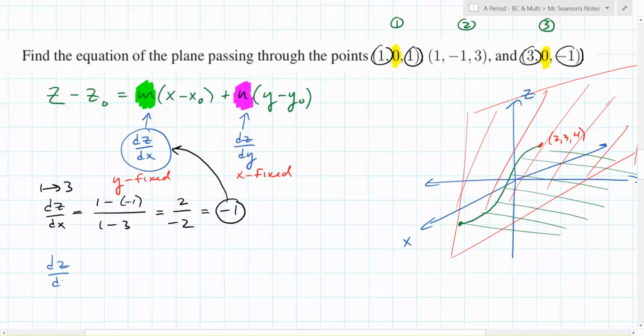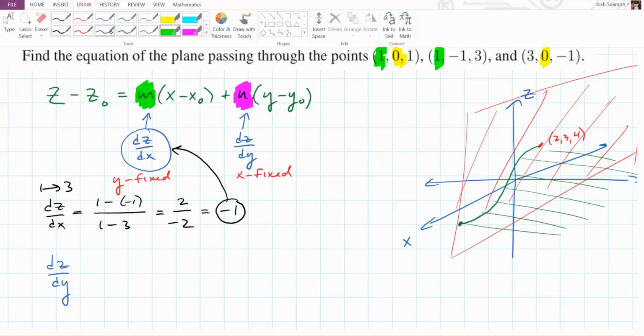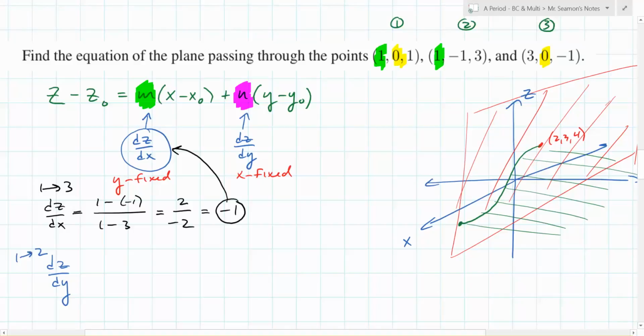Next, what do you need to do? dz dy, but that's when what is fixed? X. So instead of going from point 1 to point 3, and I'll erase these so we can do a different coloration here, we had a fixed y value right here, but now we need to look for a fixed what? X value. Where's the fixed x value? 1 and 2. So in this case we're going from 1 to 2.